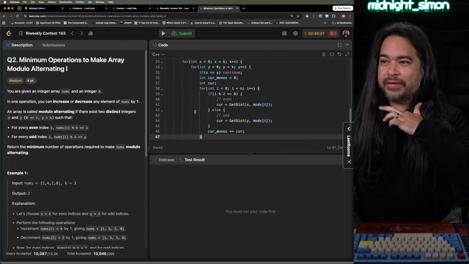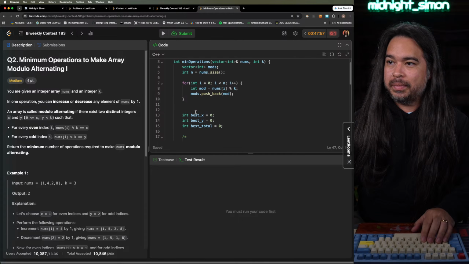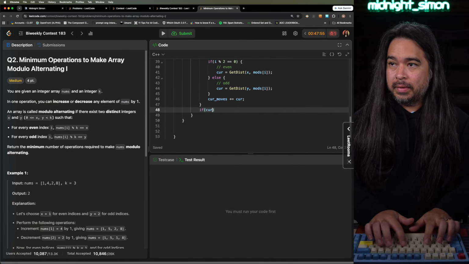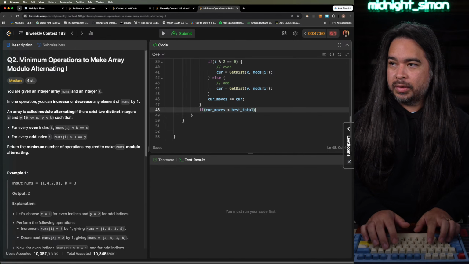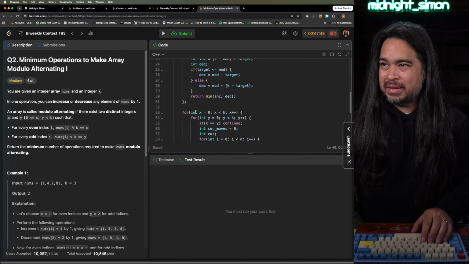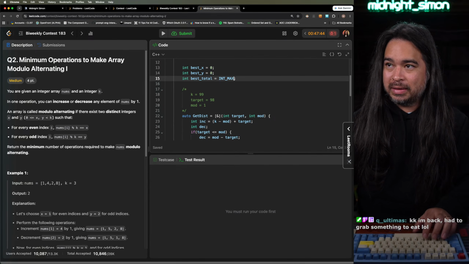And then after we're finished there, we check if it's less than the best, because we want minimum moves. I'll make this int max.